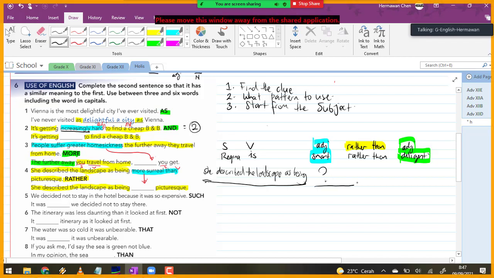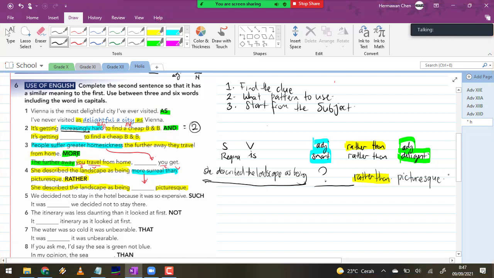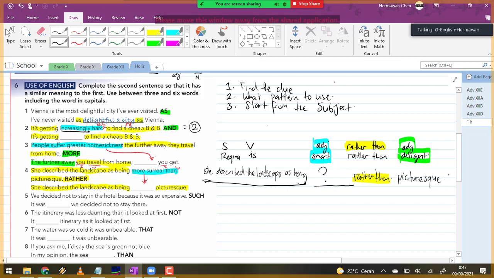That's what you have to put in the blank. Plus you have to use rather than, because that's the clue. Rather becomes rather than. The second adjective has been given, picturesque. Picturesque means it looks like a picture.